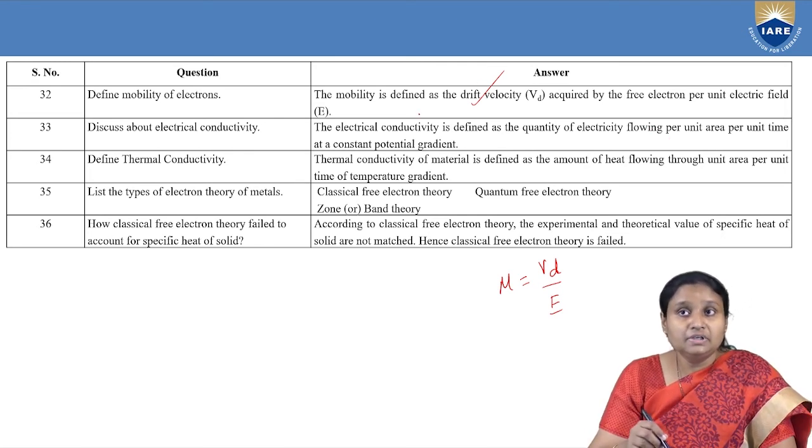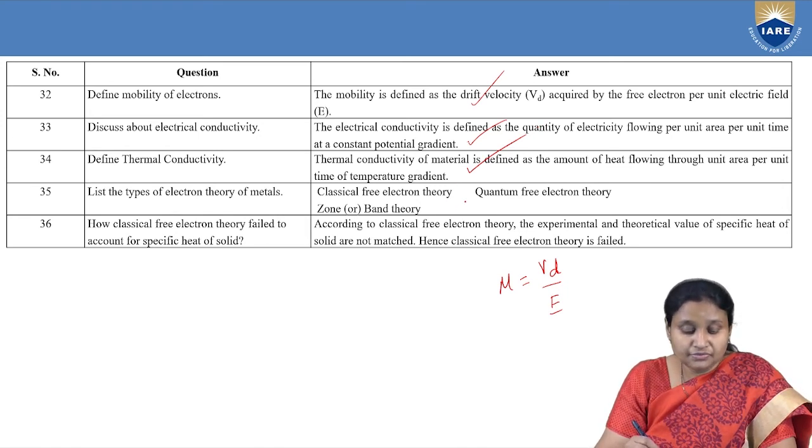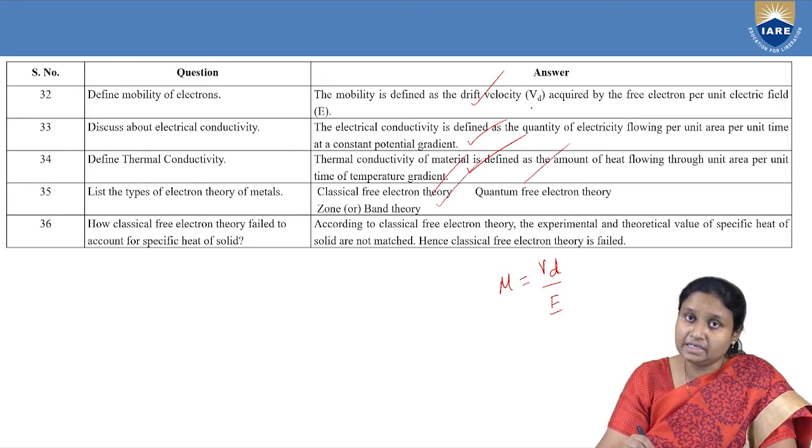Thermal conductivity is the amount of heat flowing per unit area per unit time per unit temperature gradient. Electrical conductivity is with respect to potential gradient, whereas thermal conductivity is with respect to temperature gradient. Now, coming to the different theories of metals, we have classical theory, quantum theory, and band theory.